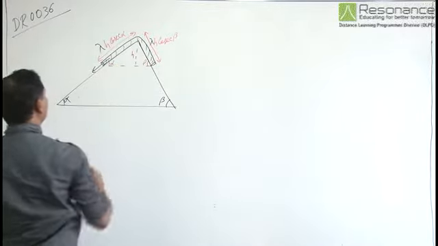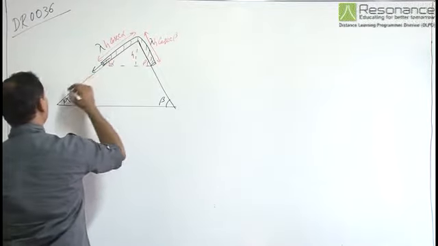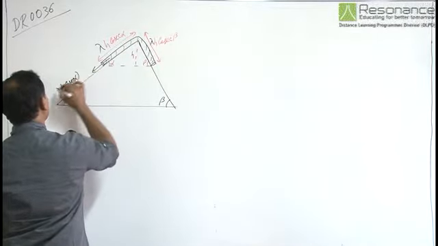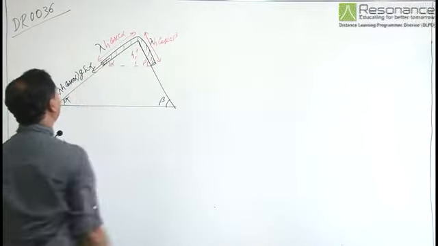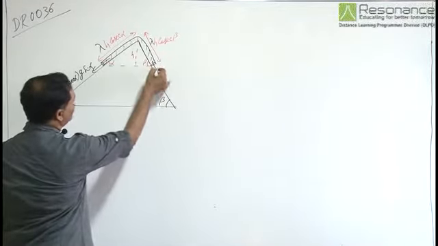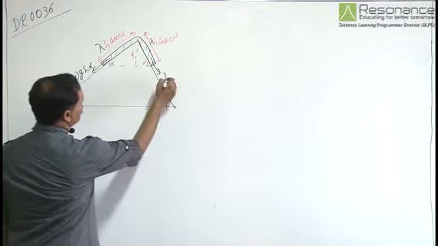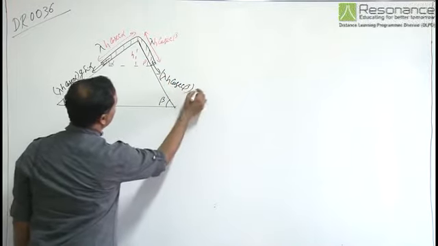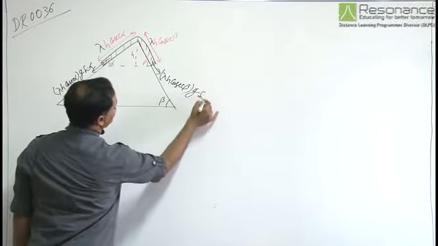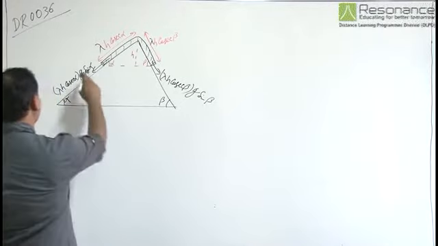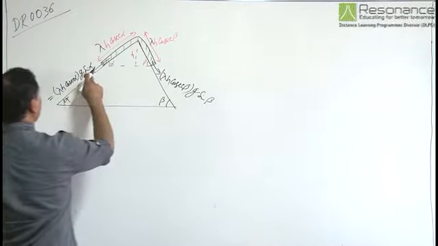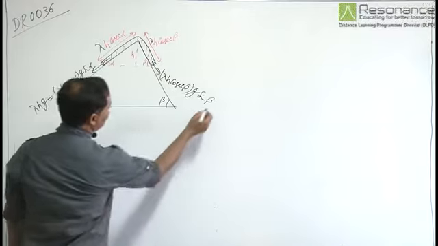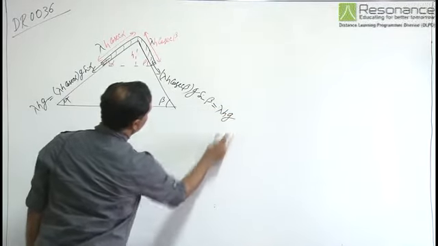So down the incline it experiences a force lambda h cosec alpha, this is mass into g sin alpha, and here this portion experiences a force lambda h cosec beta, this is mass into g sin beta. So here it can be seen cosec alpha into sin alpha is 1, so it is lambda h g, and this is also lambda h g.